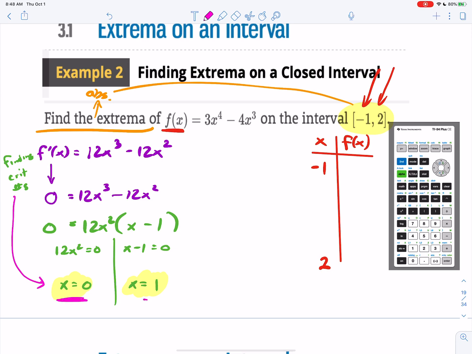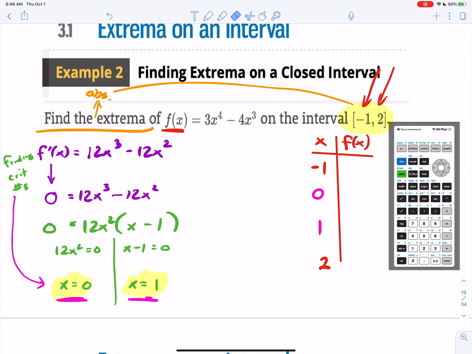Are 0 and 1 somewhere in between -1 and 2? Yes. So if you're starting at -1 and you walk all the way towards 2, eventually you're going to cross 0 and 1. Now, sometimes you may get a critical number that's not in your interval, in which case you just ignore it, okay?